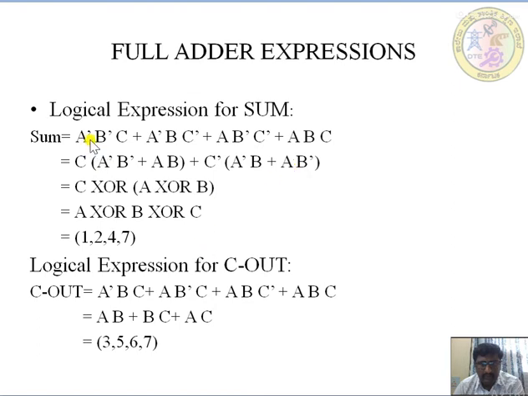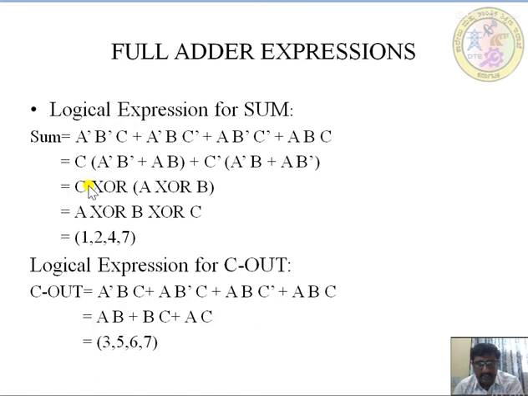From these terms they have taken C as common, getting A bar B bar plus A B, and from these two they are taking C bar as common, getting A bar B plus A B bar. Here, A bar B plus A B bar is actually an XOR gate, so it is C XOR (A bar B) plus C bar XOR gate.